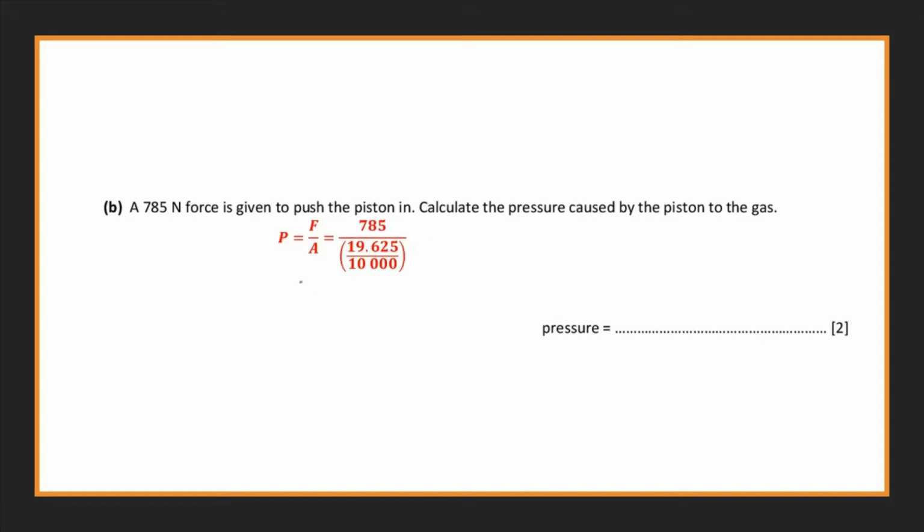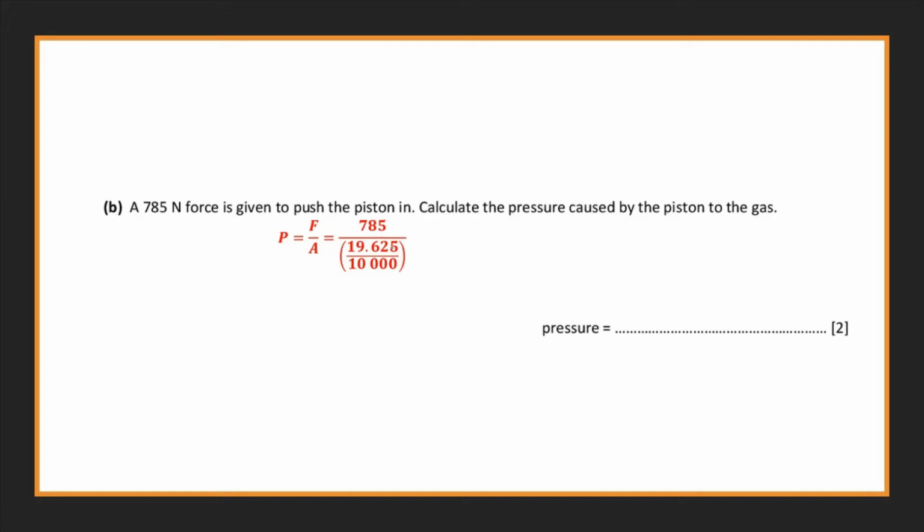Guys, to calculate pressure, the area must be in meter squared. Don't use centimeter squared, okay? So, to change the area from centimeter squared into meter squared, you have to divide the value in centimeter squared by 10,000.